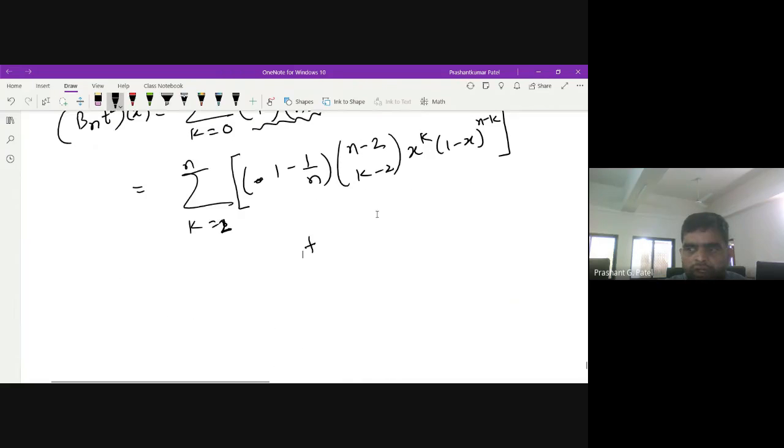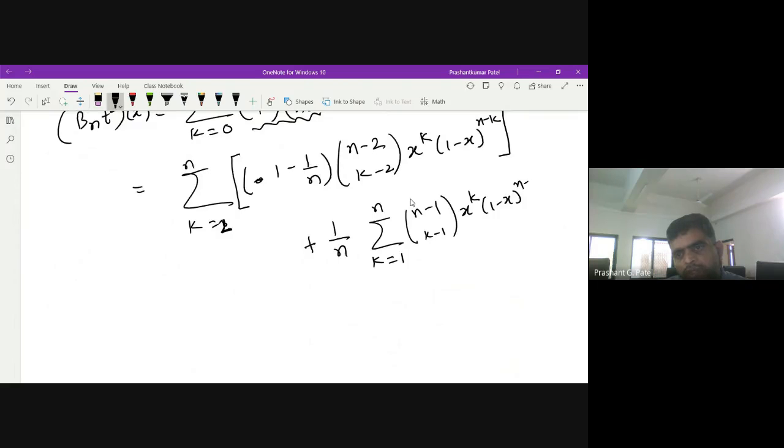That is another summation we have. So we write 1 by n, with k running from 1 to n, because it will start with that, n minus 1 C k minus 1, x power k, 1 minus x power n minus k.